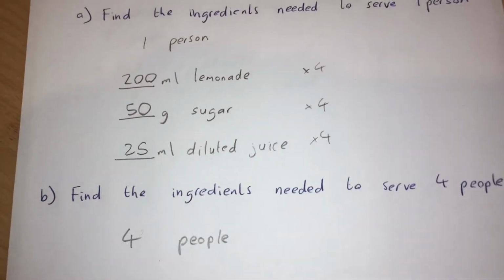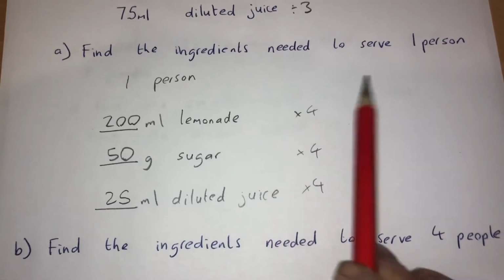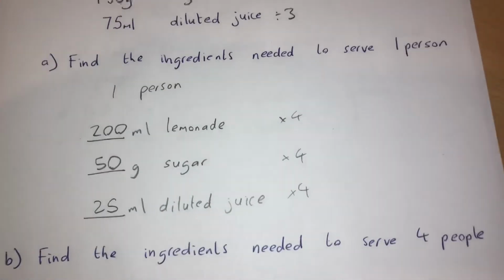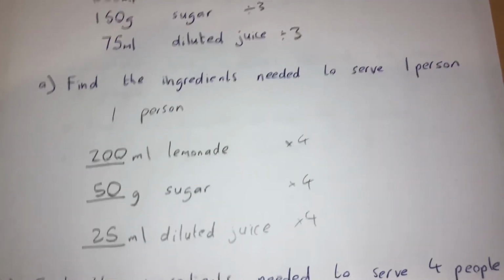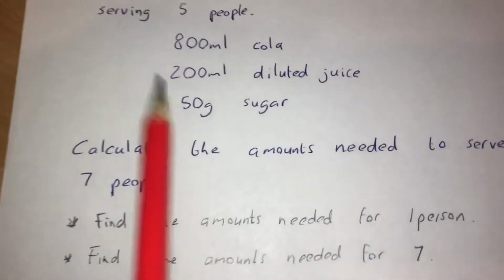So the key lesson to be learned from the second example is that finding the amounts that serve 1 person can allow us to work out a whole variation of amounts for different servings. And we'll see that in question 3.